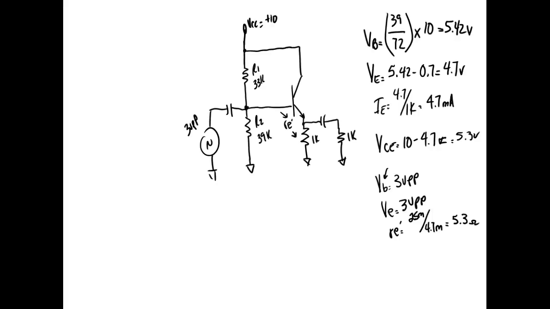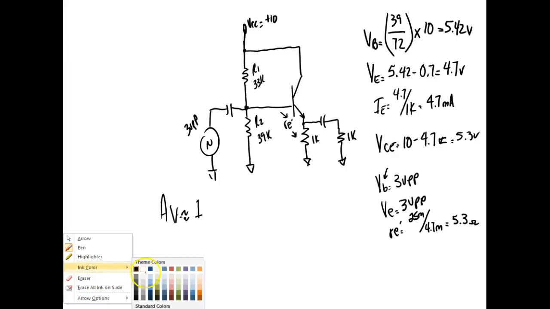I need to calculate AV. Well, we don't need to calculate that. It's approximately 1. I need to calculate RN, which I call ZN a lot.